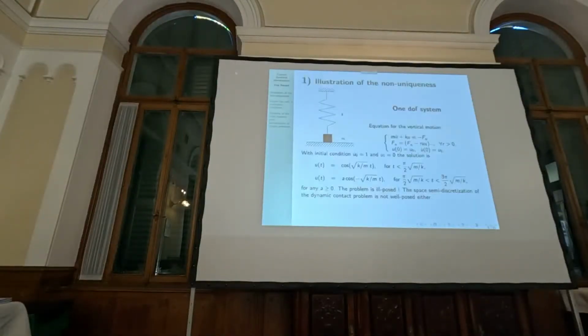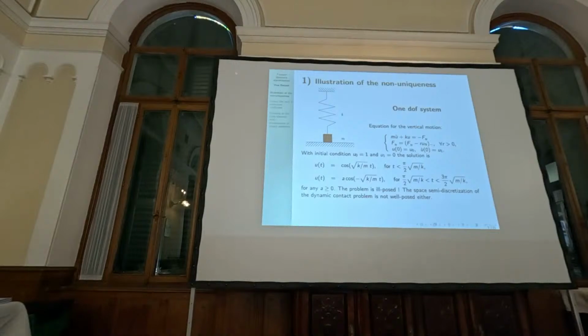To understand this fact, we just look at a one-degree-of-freedom system. You can view it as a simplified contact node, just a mass with a spring on the rigid obstacle. Here is the corresponding equation, the simple system.